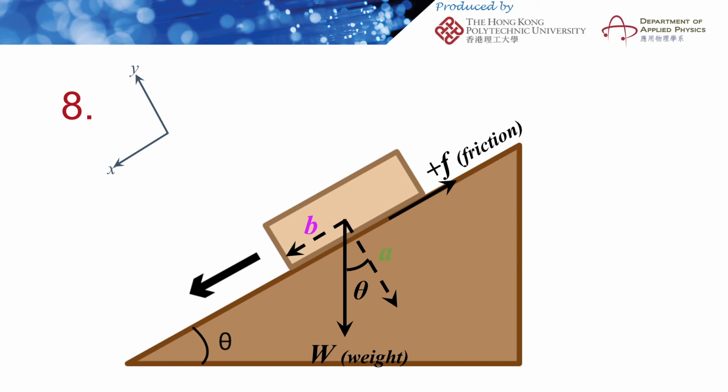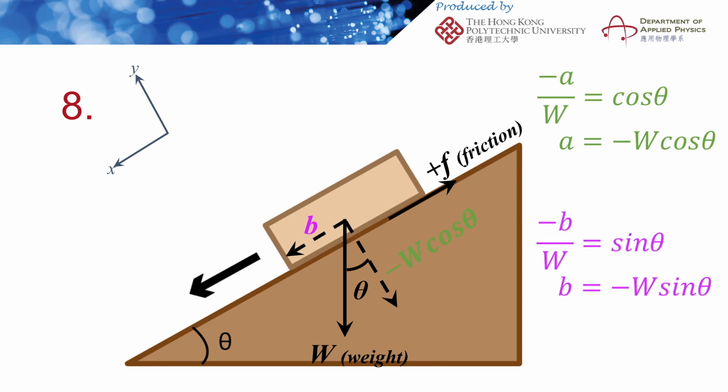Vector A is pointing downward, so the component perpendicular to the inclined plane is minus W cosine theta. Vector B is in left direction, so the component along the inclined plane is minus W sine theta.